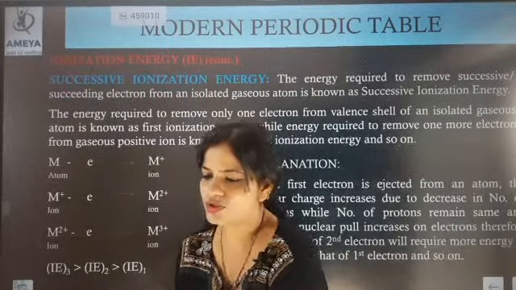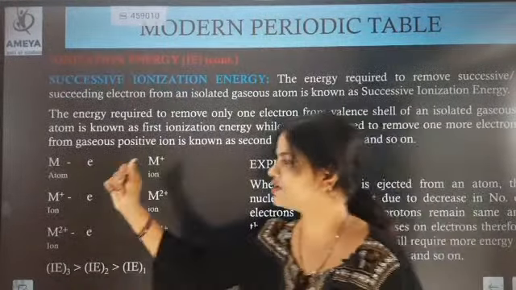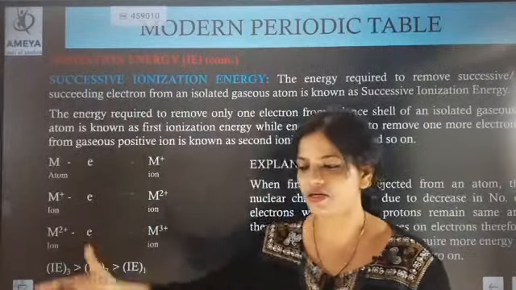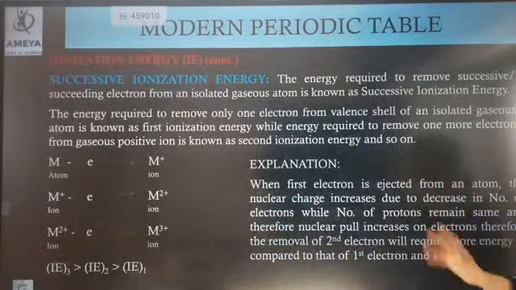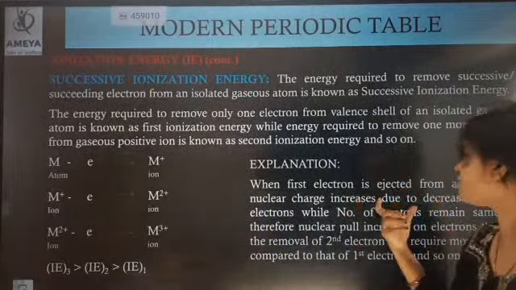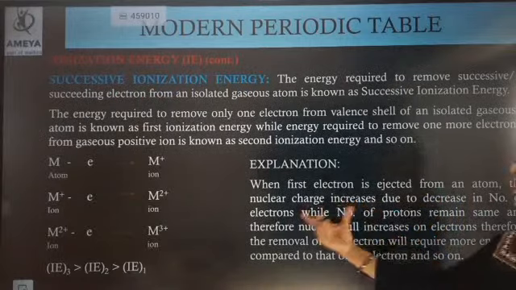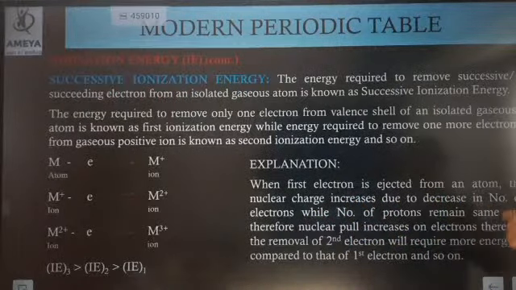Third phase, super Sudarshan. So I hope you have understood the story. First, second, third. In the third phase, giving the energy will be quite difficult. So the explanation is: when the first electron is ejected from an atom, the nuclear charge becomes more effective due to the decrease in the number of electrons.